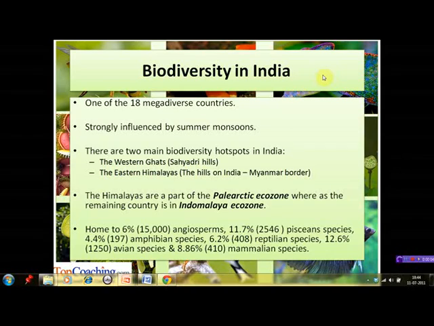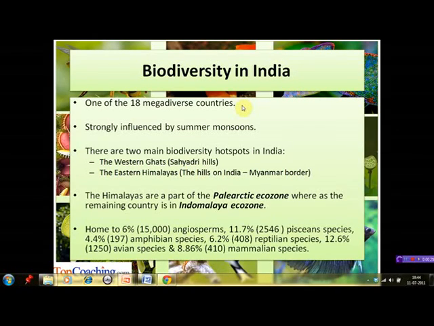If we look at the biodiversity in India, we will find that it is a significantly biodiverse country. Biodiversity is measured in terms of the number of plant species and vertebrate species. It is one of the 18 megadiverse countries which are extremely biodiverse and are home to the majority of the species of flora as well as fauna found on the earth.